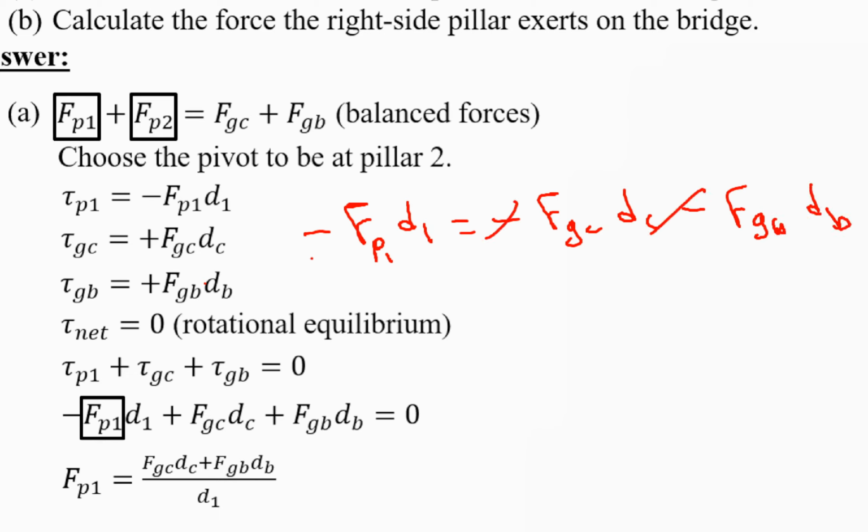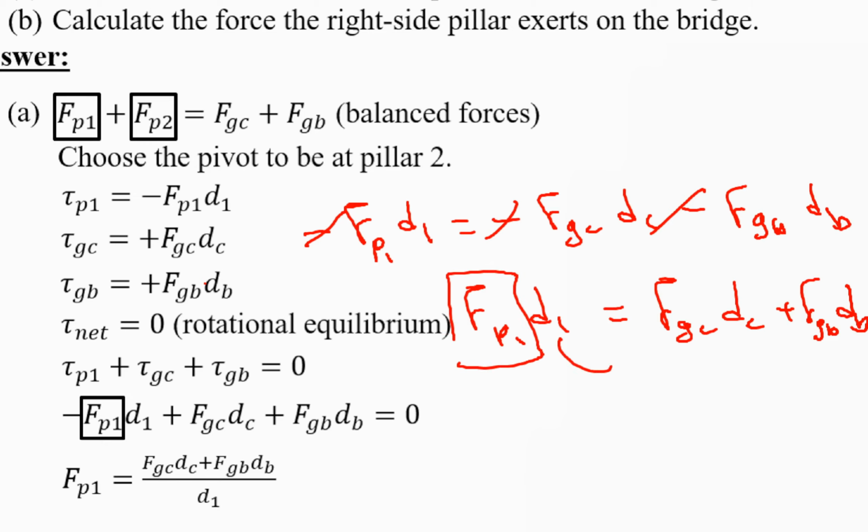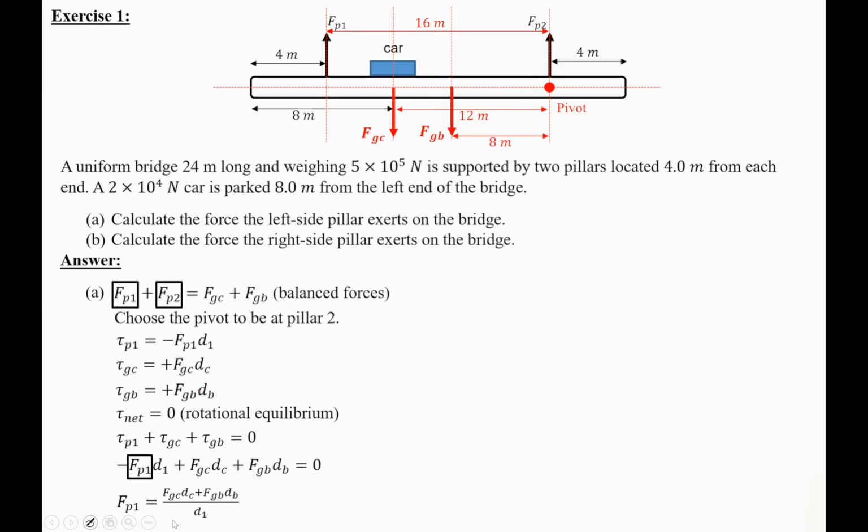The minus sign cancels and we're left with FP1 multiplied by D1 equals FGC multiplied by DC plus FGB multiplied by dB. Isolating for FP1 and replacing all the numerical values, we end up with FP1 given by 2.65 times 10 to the power 5 newtons, which is the magnitude of the force FP1 along pillar 1.